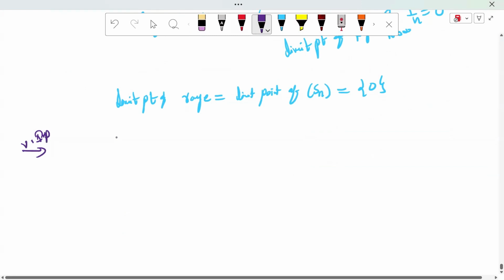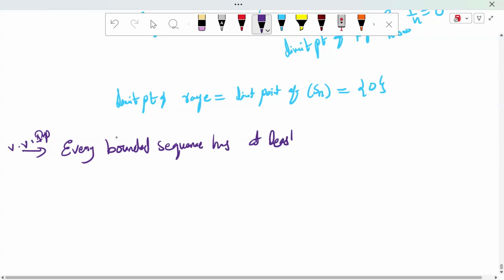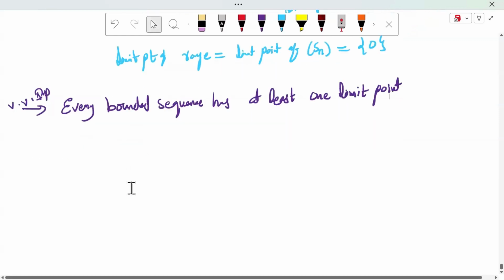Very important: every bounded sequence has at least one limit point. This point is very important.